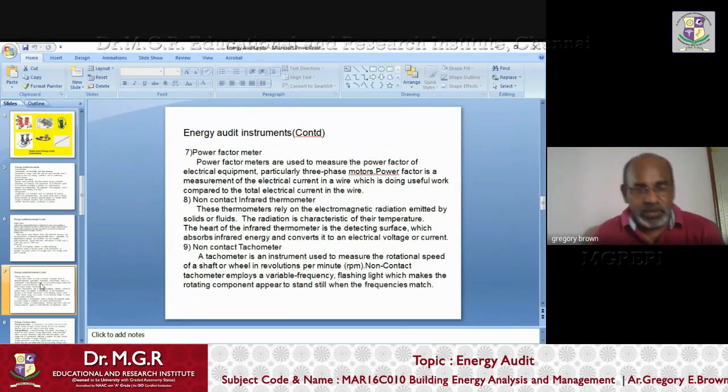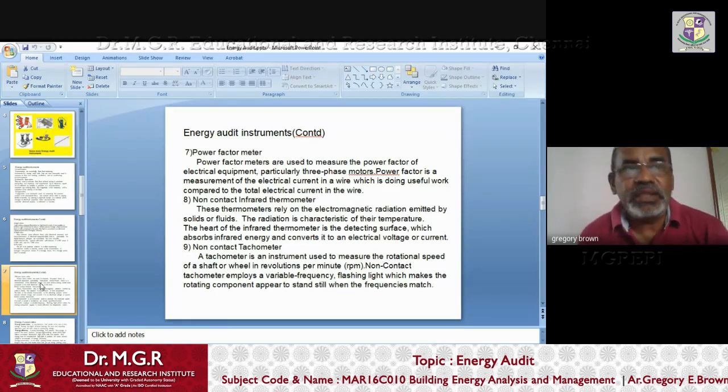Now coming to the power factor meter. What is this power factor? We discussed this last year in sem 2, under some subject which I was taking for you. This is used to measure the power factor of electrical equipment, particularly three-phase motors.